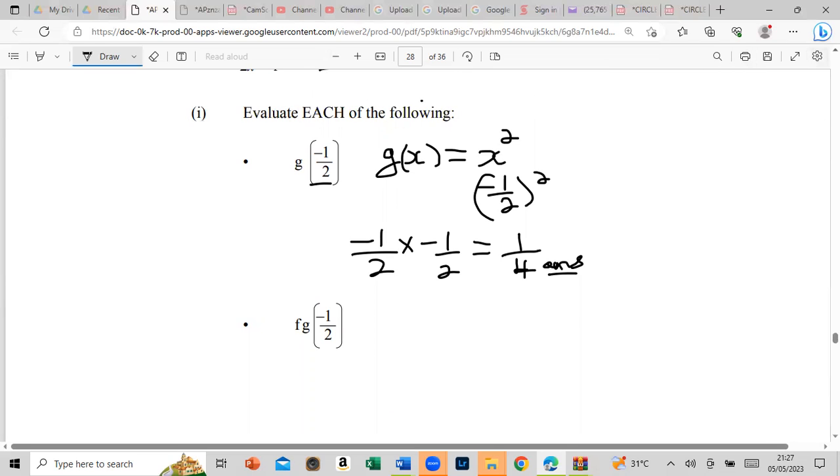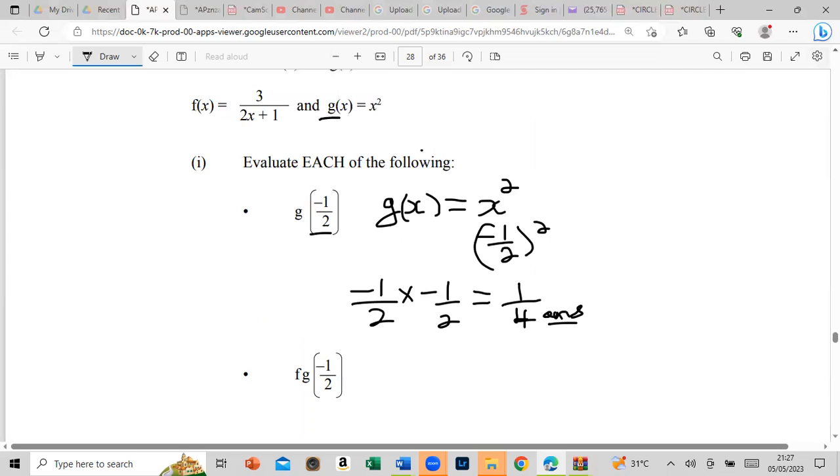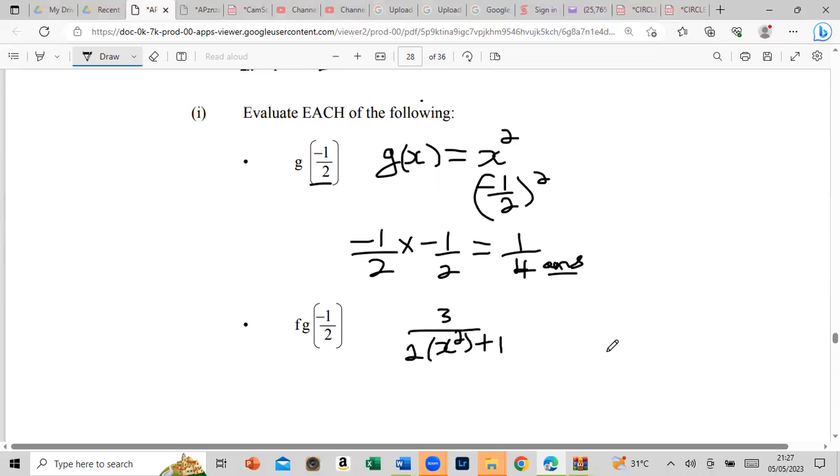So fg, f is 3 over 2x plus 1, and I'm gonna write back x, which is x squared. So this is g, and then now we're gonna write back this. So this is our x already. So we have 3 over 2x plus 1, and you know this is gonna work out to a quarter. So we have a quarter.